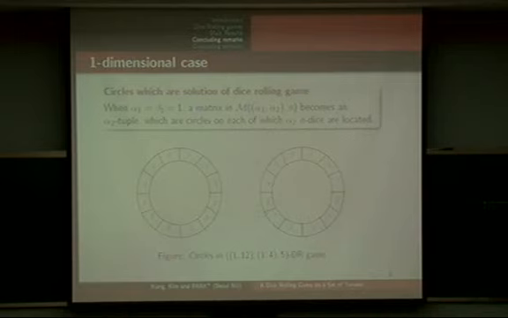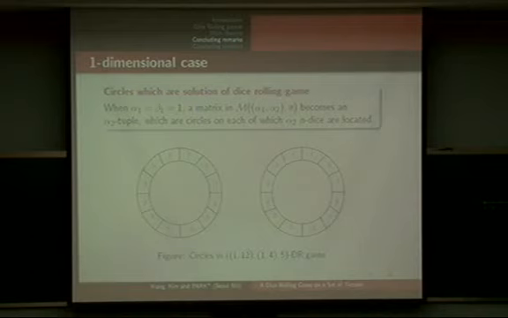Now, we give a necessary and sufficient condition for tori, which are solutions in the dice rolling game. It is a two-dimensional case in some sense. So we can think about a one-dimensional case.